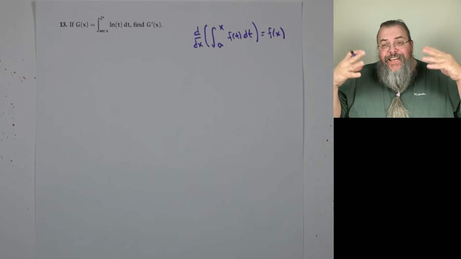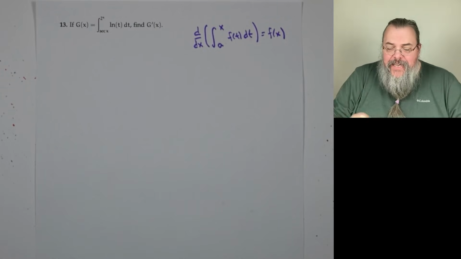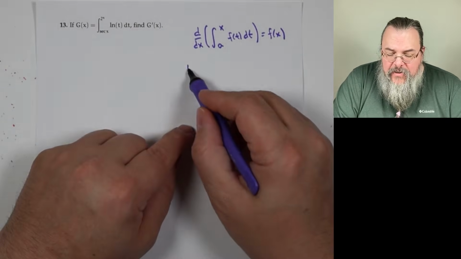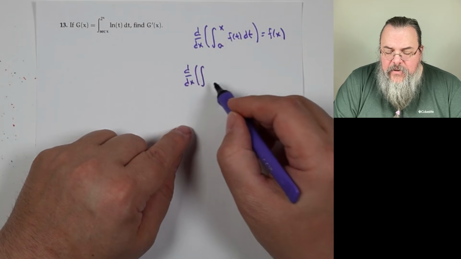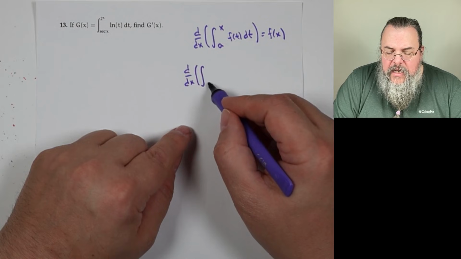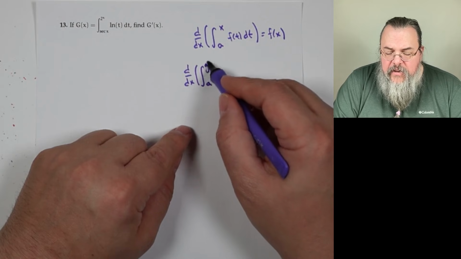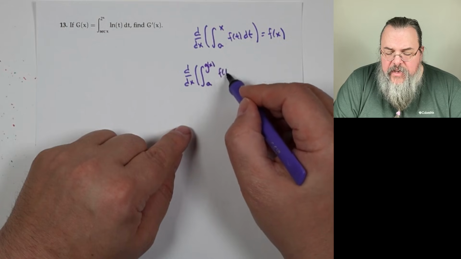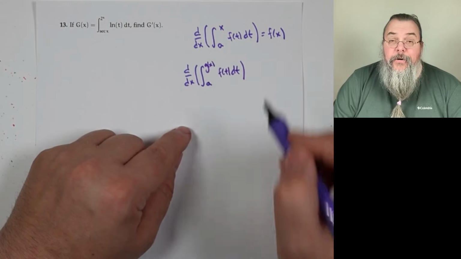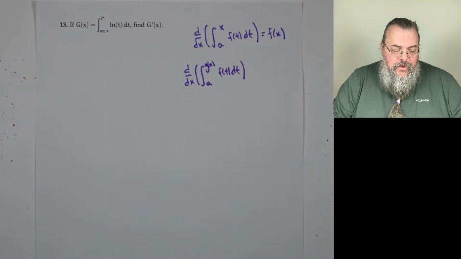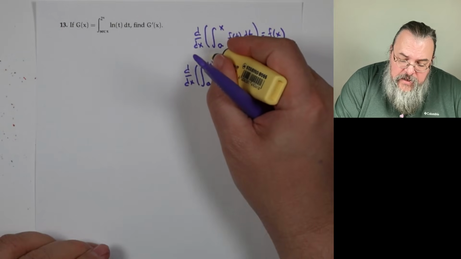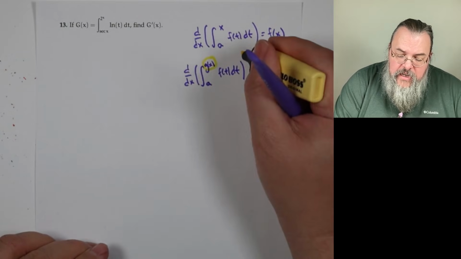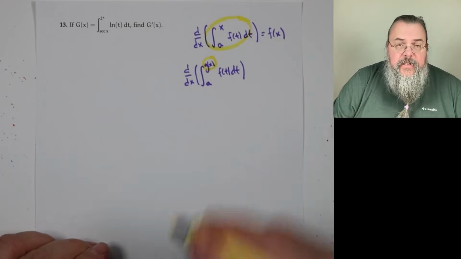But we can kick it up a notch. So let's kick it up a little bit here. Suppose I said derivative of the integral from, let's say, a to g of x of f of t dt. Well, what happens here? Here we have a function g of x inside of another function, right?